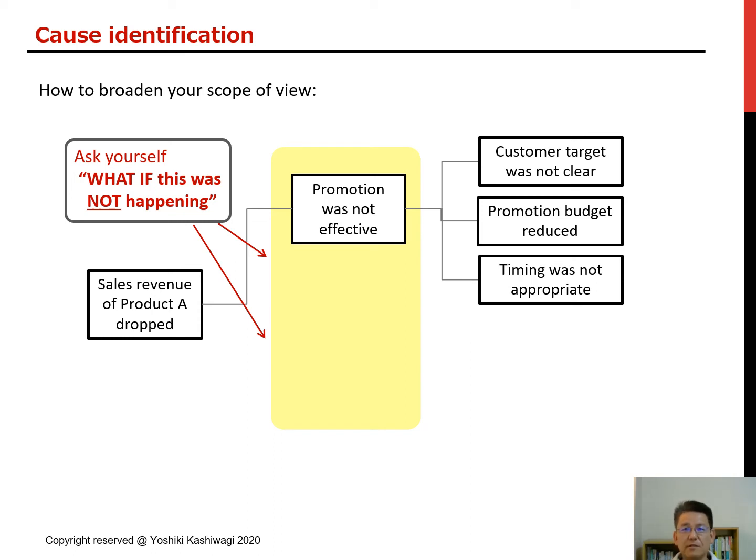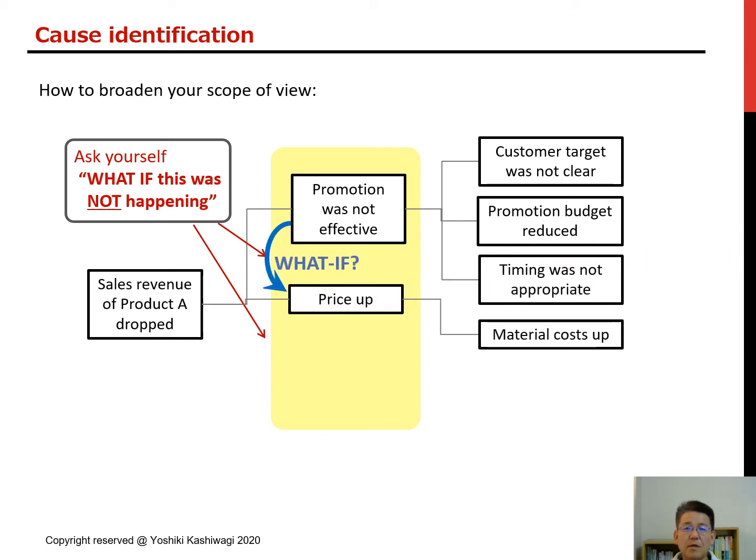In this case, what if promotion was effective? Promotion does not cause any problem. What if the promotion was okay? Is there any other reason? Yes, if the promotion was okay, maybe the higher price caused the problem.